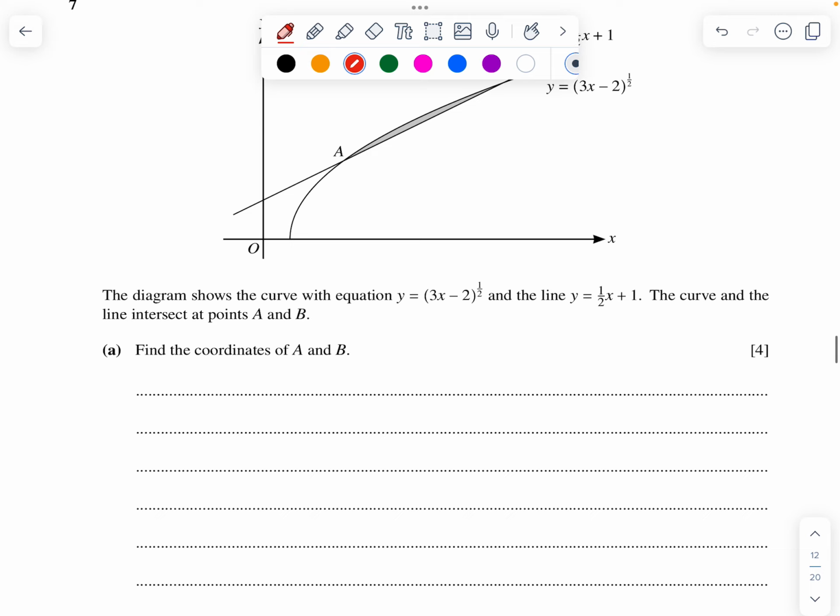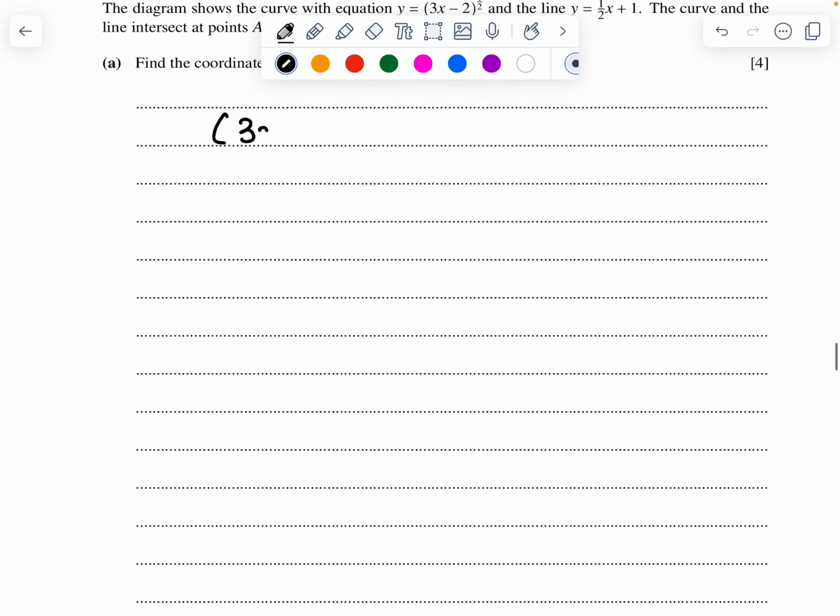Question number 7. The curve and the line intersect. Find the coordinates of the points A and B. So, simultaneous equations. (3x minus 2) to the power of half equals half x plus 1. Then squaring on both sides, 3x minus 2 equals (half x plus 1) whole squared.